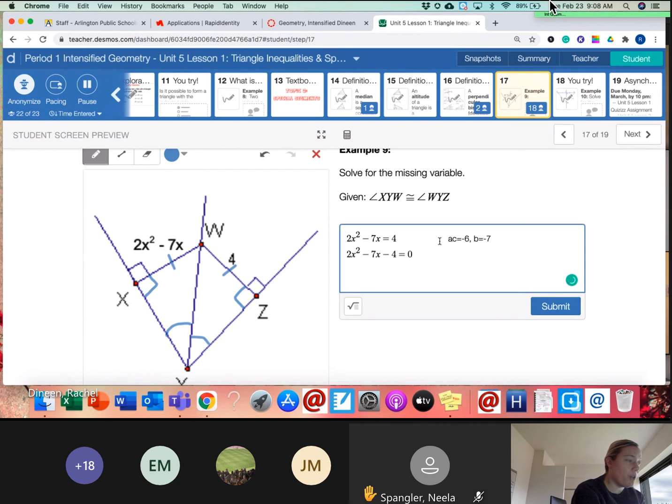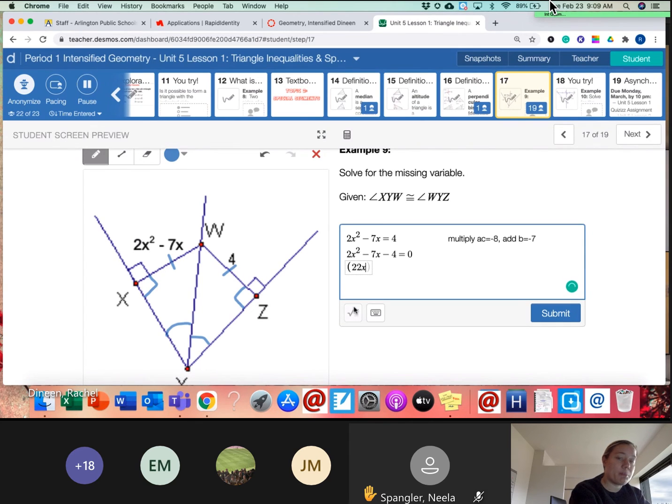What are two numbers that multiply to give me ac and add to give you b? If you are thinking -8 and +1, you are correct.